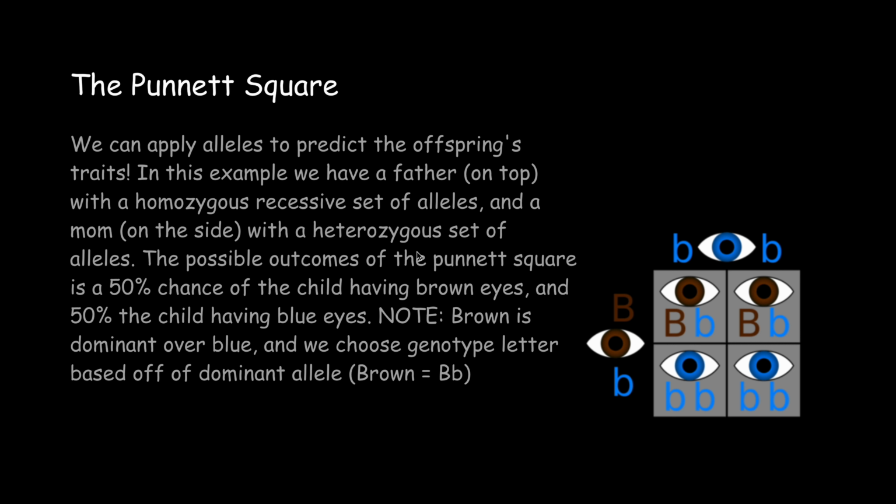So the possible outcomes of this is going to be a 50% chance of the child having brown eyes, that's the phenotype, and then 50% of the child having blue eyes. You can also do a genotype ratio, like a 1-to-1 ratio of heterozygous to homozygous recessive.